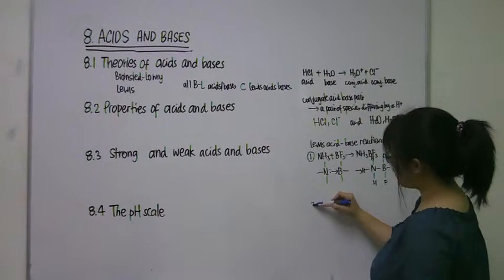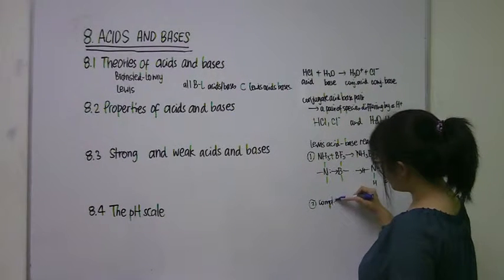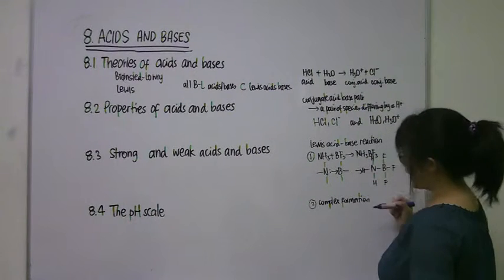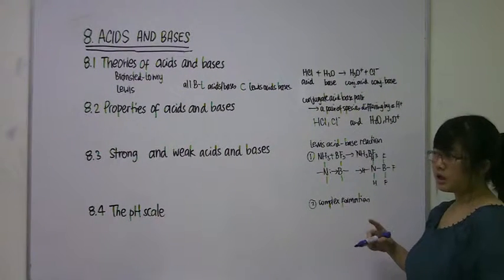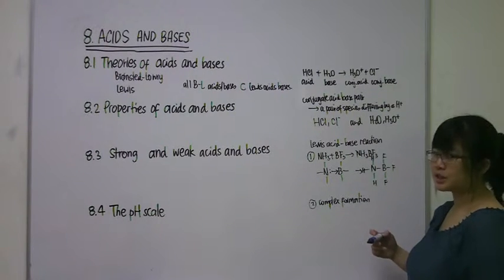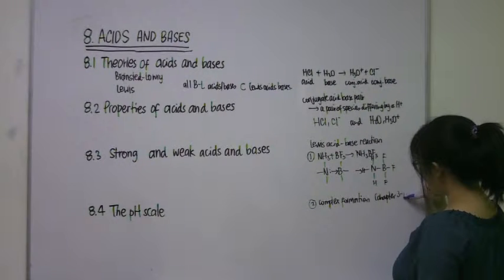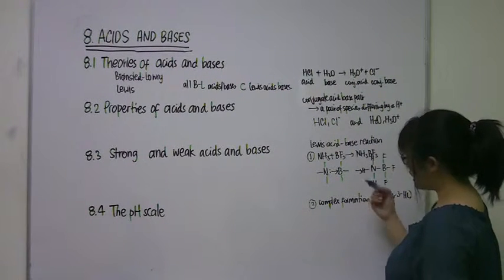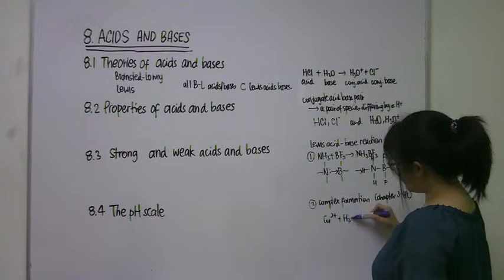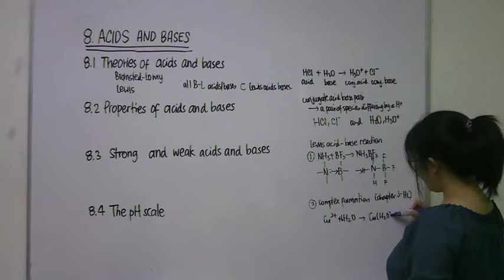The second one, you have to remind your students about this. This is a complex formation. They should have learned this, especially if they're in higher level. If in standard level, you probably have to explain a little more because they don't learn complex formation until chapter 3 HL. This is where you have a central metal ion and you add ligands, and you'll form a complex.